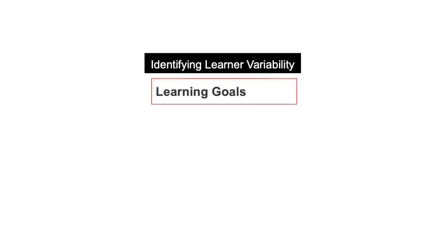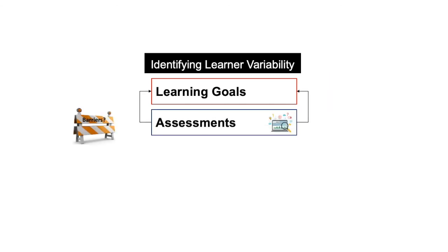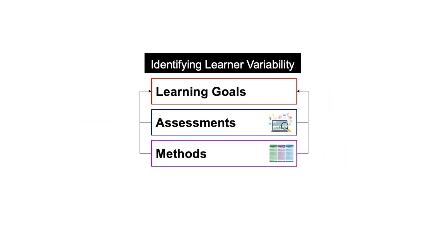The process begins by identifying learner variability. From there, and throughout each step of the process, the focus is placed on mitigating potential barriers in the development of learning goals, assessments, instructional methods, and materials.